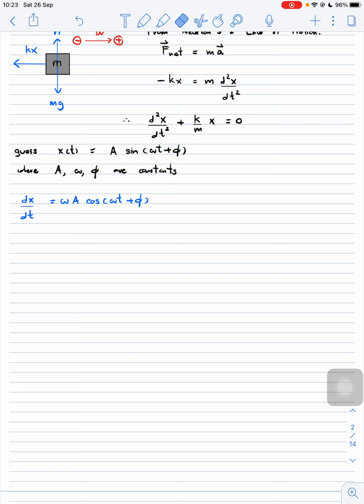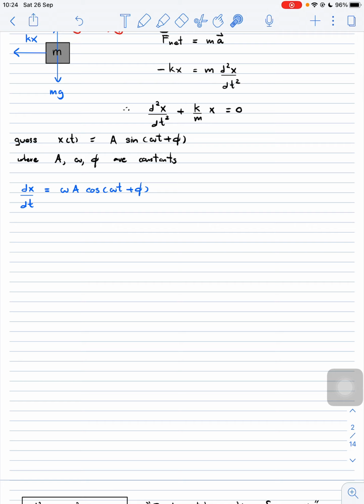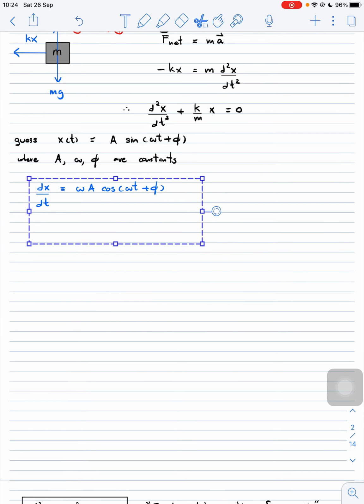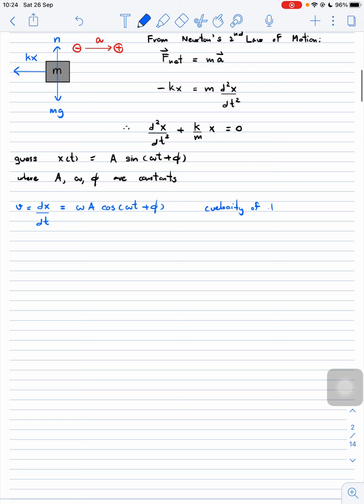Then dx by dt equals omega A times cosine of omega t plus phi. If you remember, velocity v equals dx by dt. So this is going to be the velocity of the object.